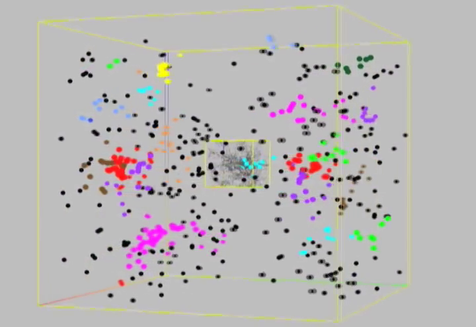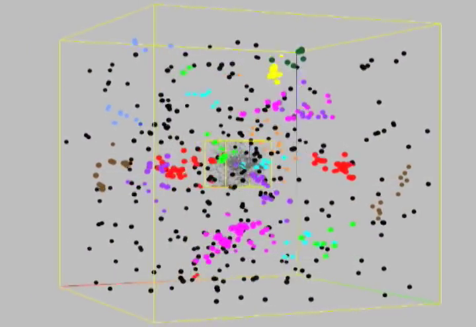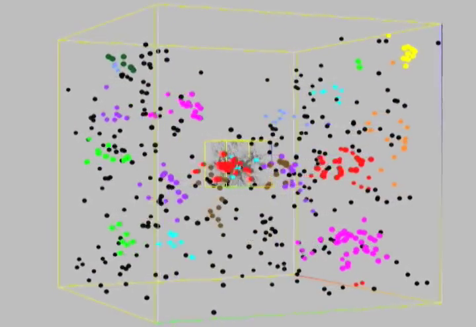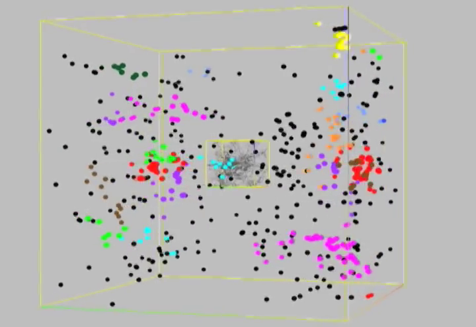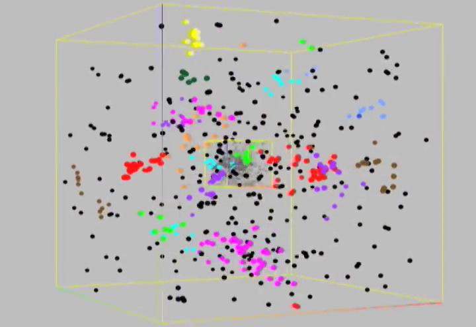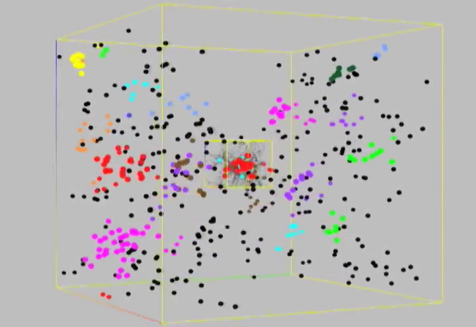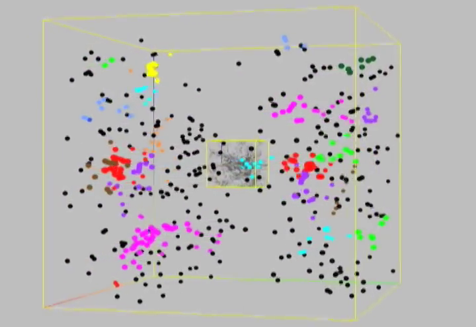We have just added the distribution of Abell clusters of galaxies in a box bounded at 20,000 kilometers per second on the cardinal axes. The distinct colors identify groupings of at least 8 Abell clusters with friends-of-friends pairwise separations less than 3,000 kilometers per second.